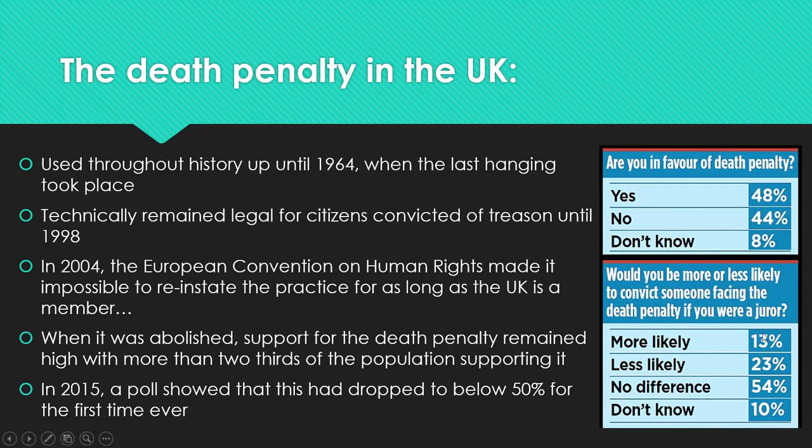And 13% said that they were more likely. 23% said that they were less likely to convict, so quite a lot more said that they were less likely to convict. 54% said that they saw no difference whether there was the death penalty or not, and 10% said that they didn't know. Okay, so there's a little bit of statistics just to give you a little bit of background as to where people recently fell on this argument as to whether we should have it or we shouldn't have it.